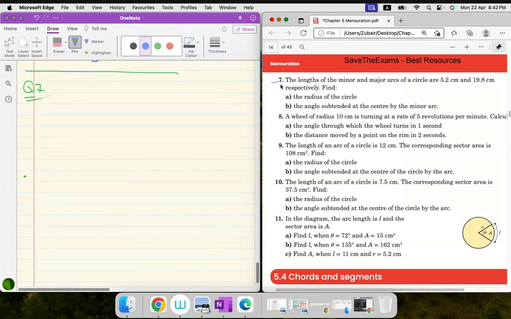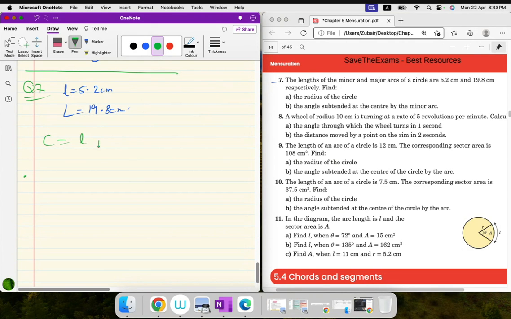Question 7 says the length of the minor arc and major arc of the circle are 5.2 and this. So let me say minor arc by small l, that is 5.2 centimeters, and major arc represented by capital L, that is 19.8 centimeters. Find the radius. So circumference would be minor arc plus major arc, 5.2 plus 19.8, that is 25 centimeters.